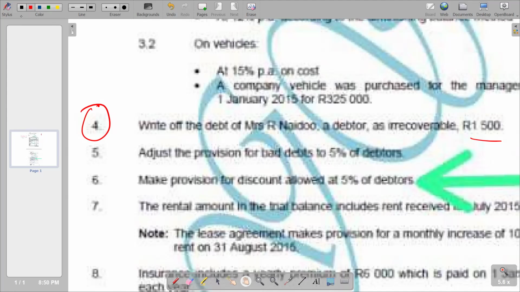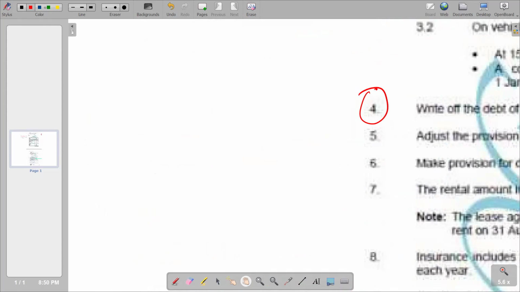Now, remember, we also have to subtract provision for bad debts. Then we say 5% to get the provision for bad debts. So we say 43,500, the figure that we got as our debtors. And then we subtract 1,500, that was further written off, to get our figure, 42,000.